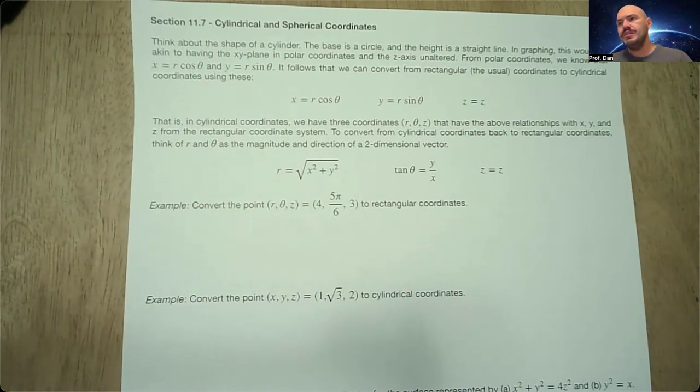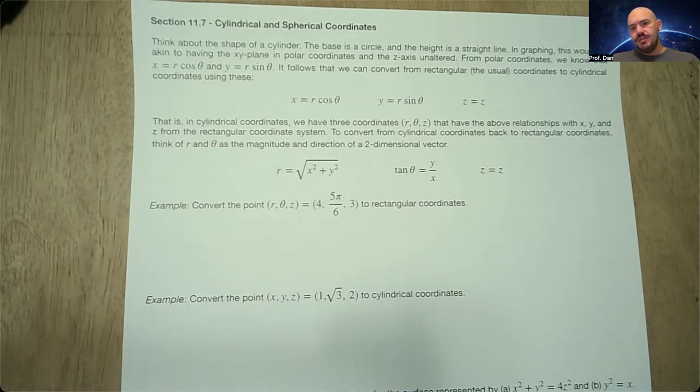Kind of like how in Calculus 2, you learn how to convert to polar coordinates so that you can integrate certain functions in a much easier way. Here, we can learn how to convert both coordinates and equations between rectangular coordinates, cylindrical coordinates, and spherical coordinates.